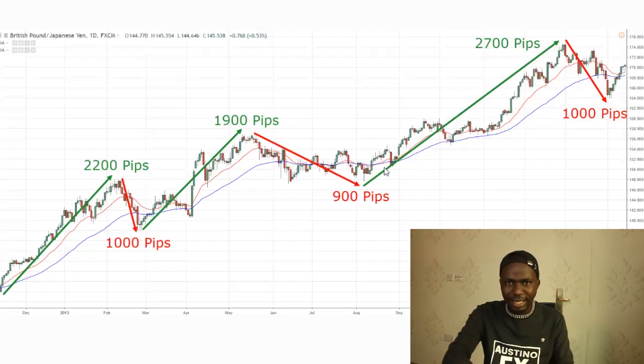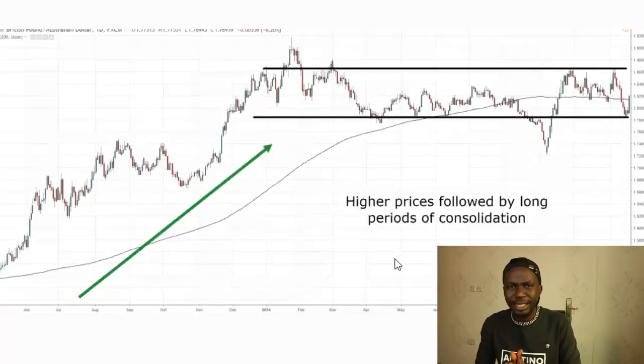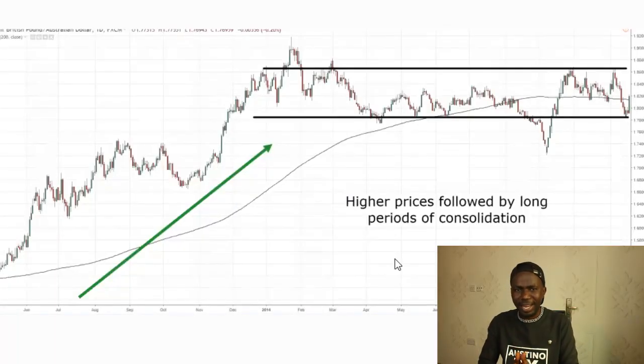So in advancing stage, it means the market is in a strong uptrend and you are expected to trade in the direction of the trend. So after the advancing stage, the next stage you have is what we call the distribution stage. The distribution stage is a range-bound market after a strong uptrend.